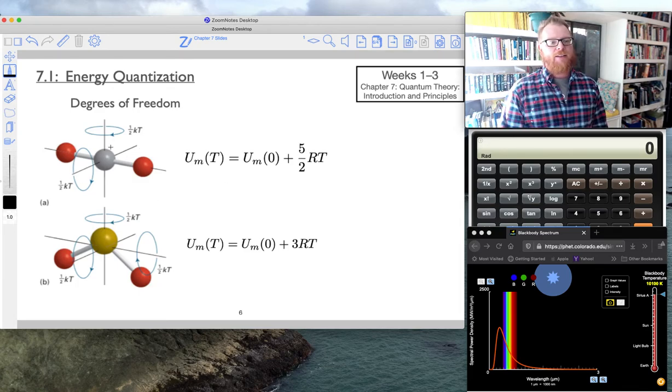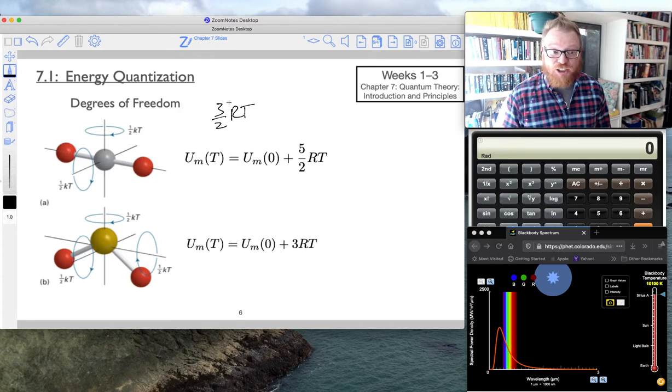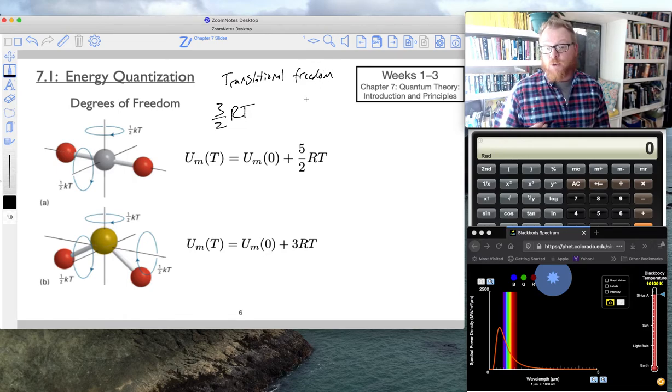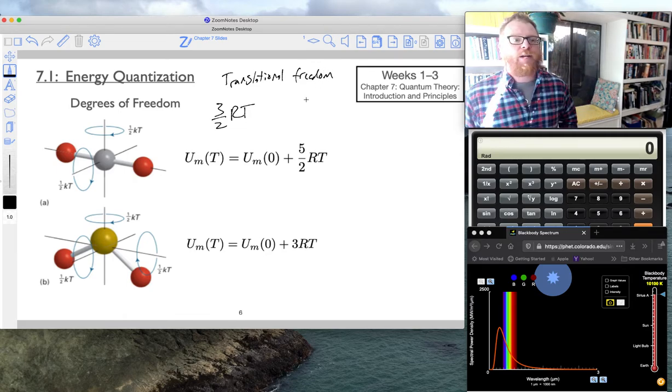So if I talk about a linear molecule right here, we recognize all molecules or atoms will have 3/2 RT, I used RT, so I'll stick with the RT, 3/2 RT of translational freedom, from motion in the X, Y, and Z directions. So we get 3/2 RT there.